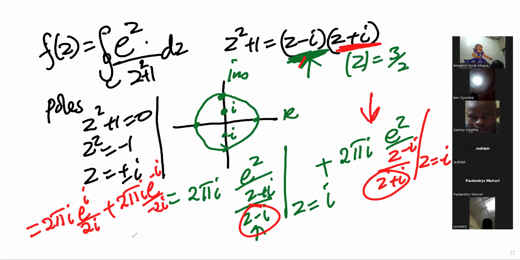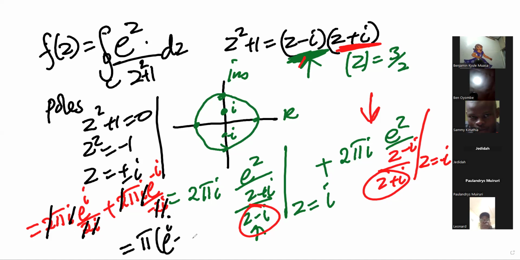Of course that's the answer, but you can simplify. This 2 can cancel this 2, this minus can cancel, and this i can cancel this i. So the final answer becomes pi, pi is common, then e^i minus e^(minus i). And that's all.